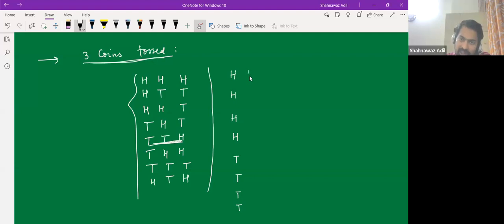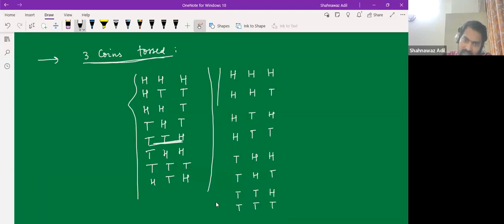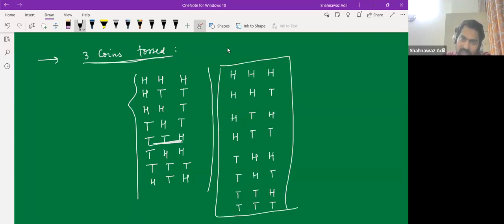Then you write H 2 times and then T 2 times, then H 2 times and T 2 times, and then you write alternately H, T, H, T, H, T, H, T. So you can count that, and this would be the total outcomes. You write 4, then 2, and then 1. So total is how much?